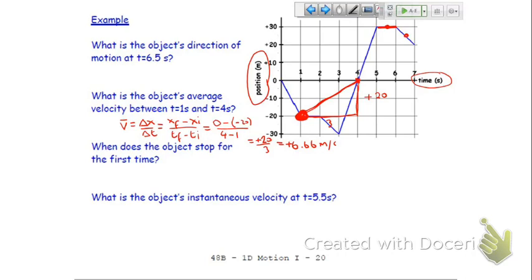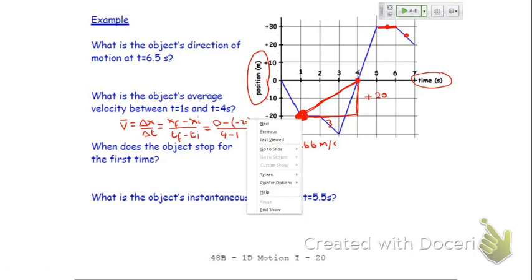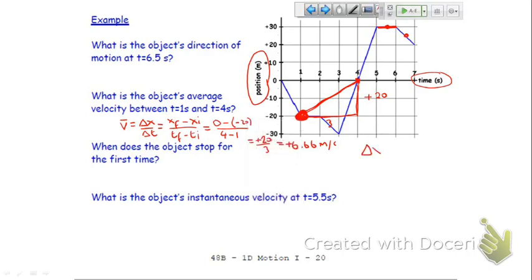What is the object's displacement between 1 and 5 seconds? Delta x between 1 and 5 seconds is equal to x final minus x initial, which equals, there's my x final, plus 30, minus, there's my x initial, minus 20, which equals plus 50 meters.